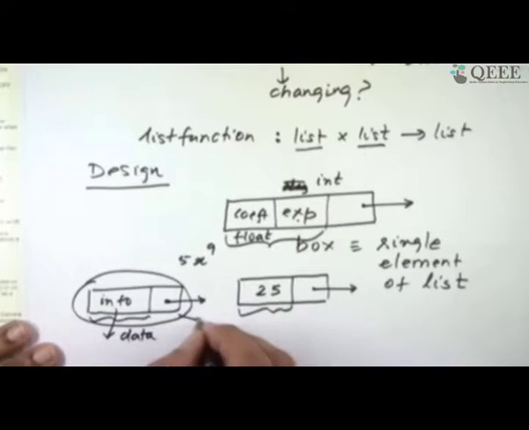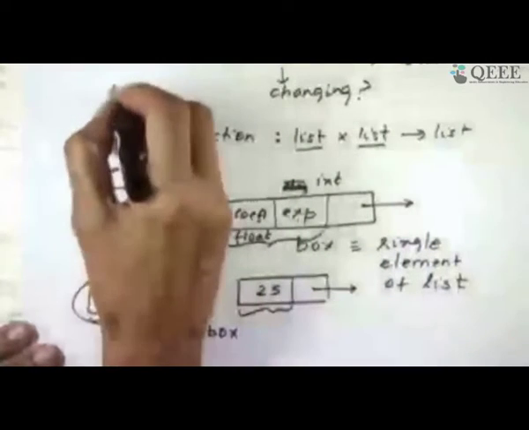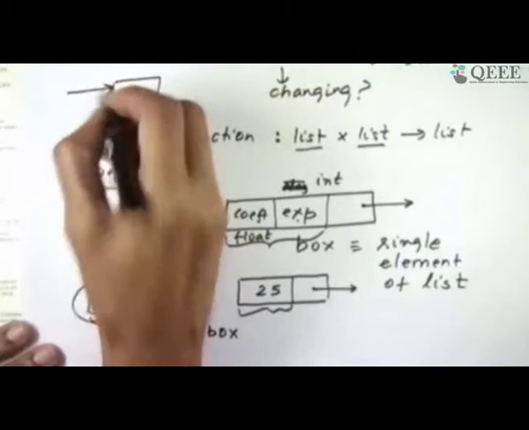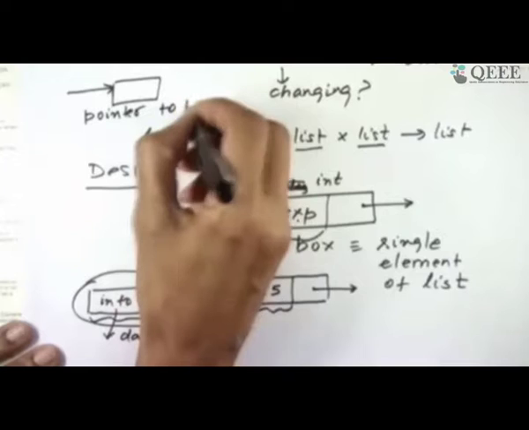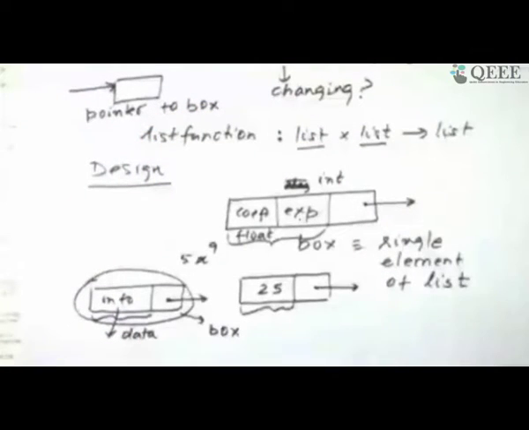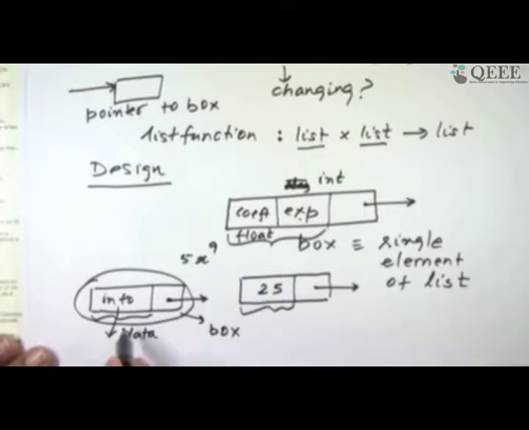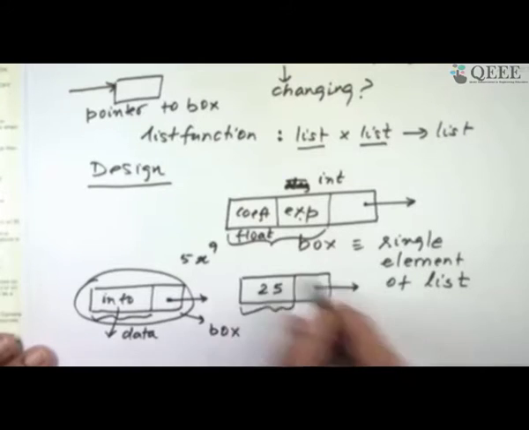I need a type name to handle a box. And since my list which I have been drawing is basically a pointer to a box, I also want a pointer to a box to be specified. These are my three elements in my type specification before I start the list. So remember, I have done three things. I want the data value abstracted out, I want the box structure abstracted out, and I want a pointer to a box abstracted out. And then I can develop linked list over many different applications.